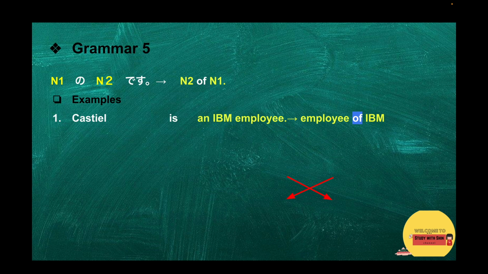Castiel is an IBM employee. Which means that "IBM employee" has the same meaning as "an employee of IBM," alright?